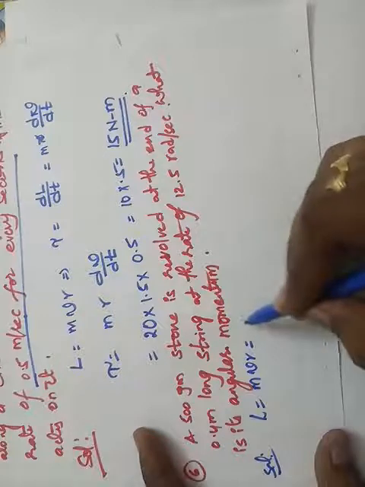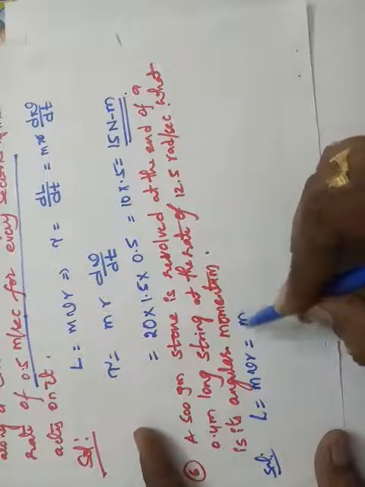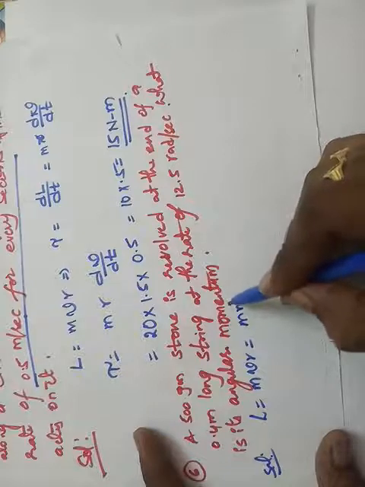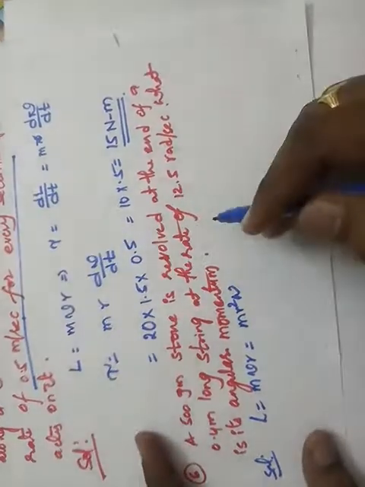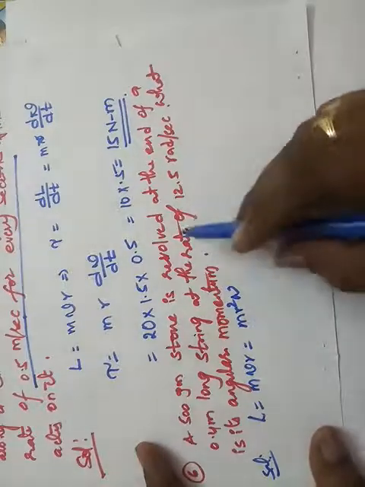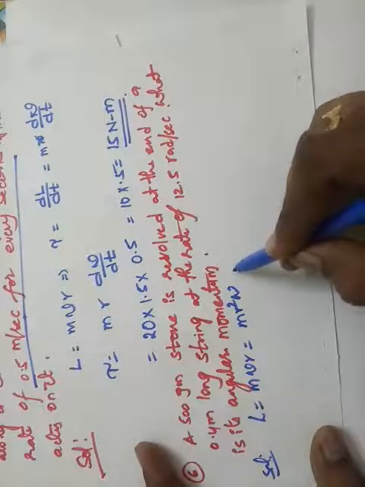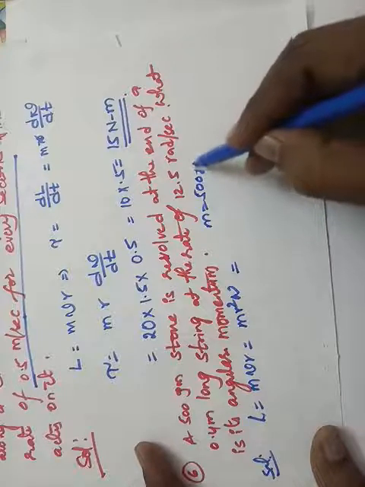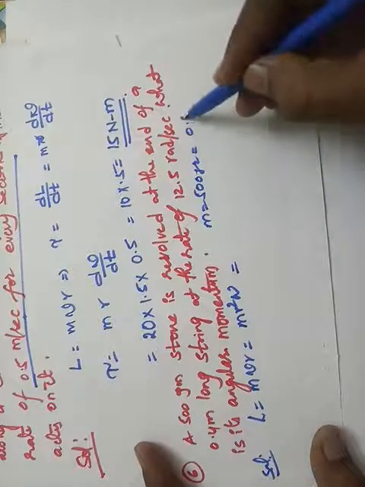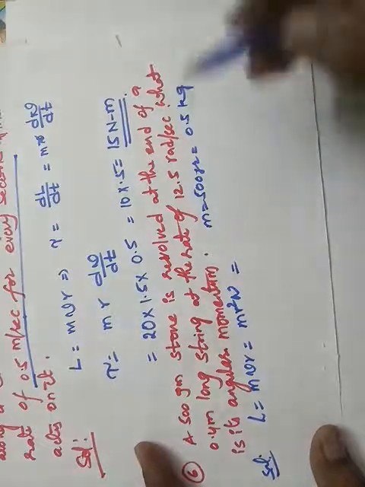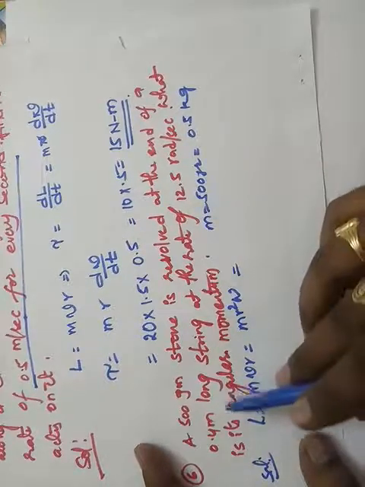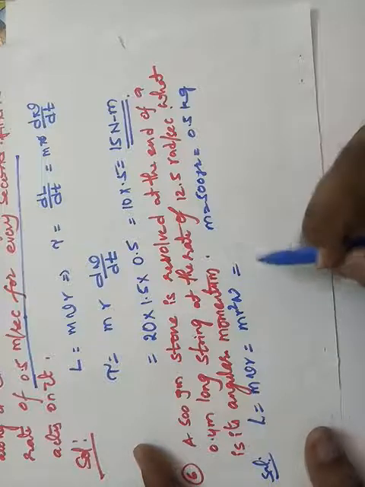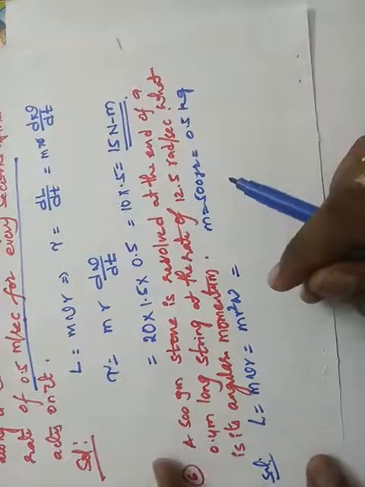If we substitute v equal to r omega, we get m r squared omega, right? So all the terms are given. m is 500 grams, which is 0.5 kg, r is 0.4 meter, and the omega value is also given. Now substitute all the values.